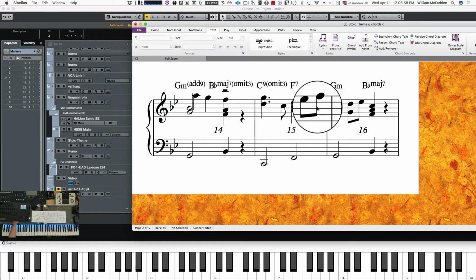There we have a G add 9, and here's your 9 up here. Then we go to the B flat major again, and notice we're omitting the third. We have the fifth. And then C9.